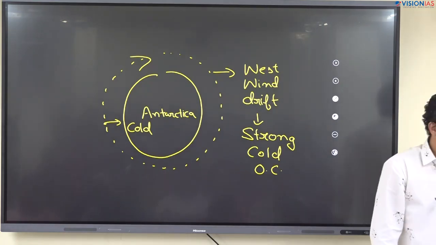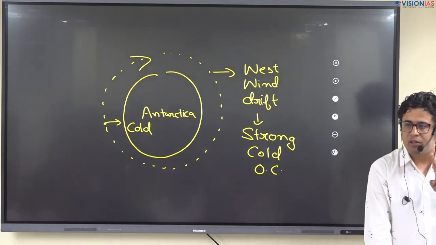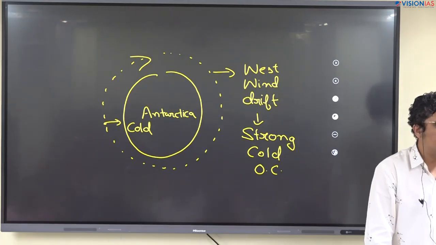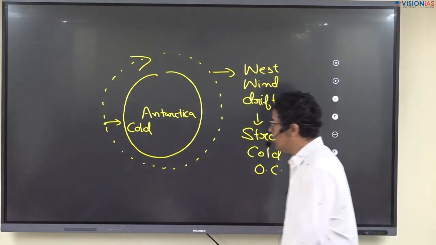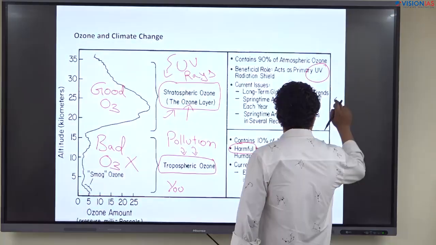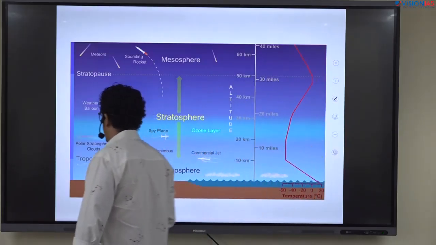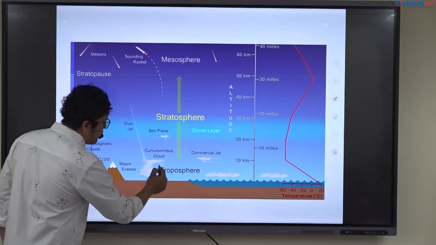Done with this? Are you done with the comparison? So you are comparing two cold locations of the world, but which one is more cold? Antarctica is more cold. So this is another point that you have to understand. Different layers of atmosphere. Lowermost layer, troposphere.